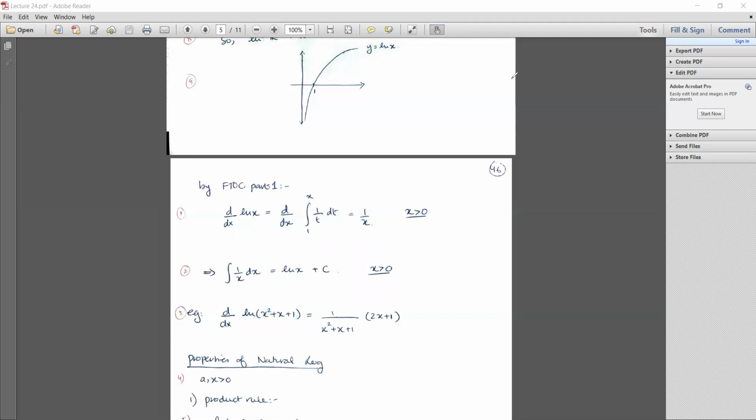So first you differentiate the outer function, which is the natural log, with respect to the inner function. The derivative of the natural log is 1 over the input. So I get 1 over x squared plus x plus 1. And now I have to differentiate the inner function. So that's 2x plus 1. So my final answer is 2x plus 1 over x squared plus x plus 1.